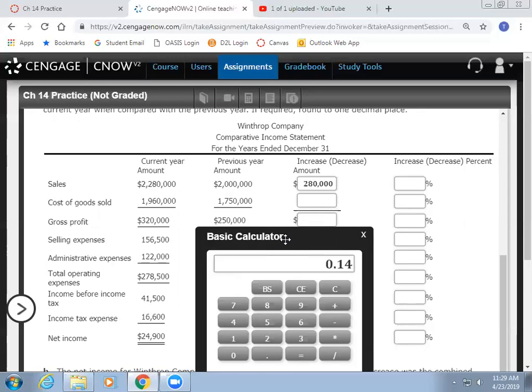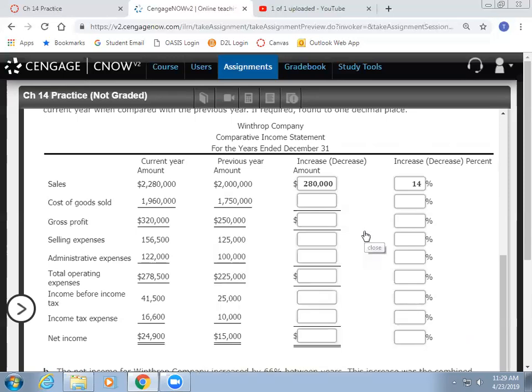Okay. So 280,000 divided by 2 million is 0.14, or 14%. So sales saw a 14% increase. Everyone got that? All right.